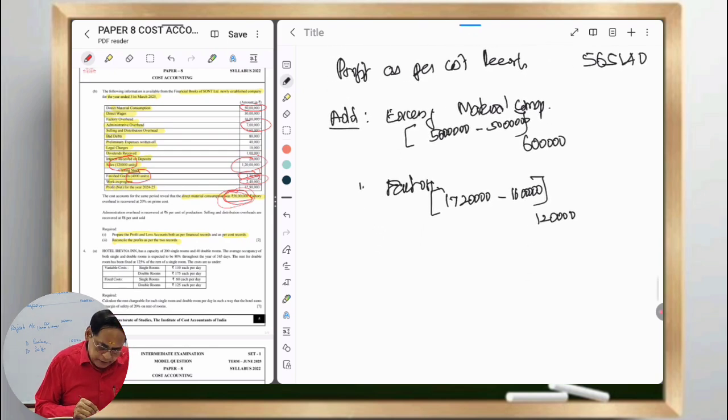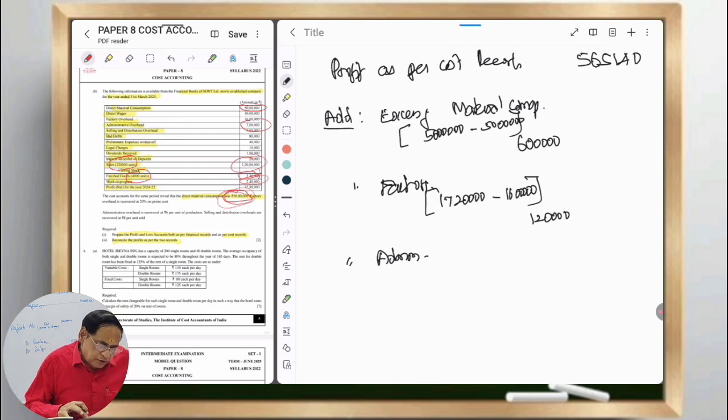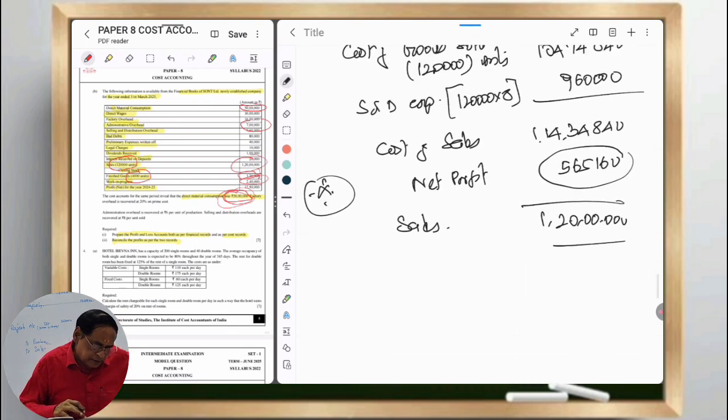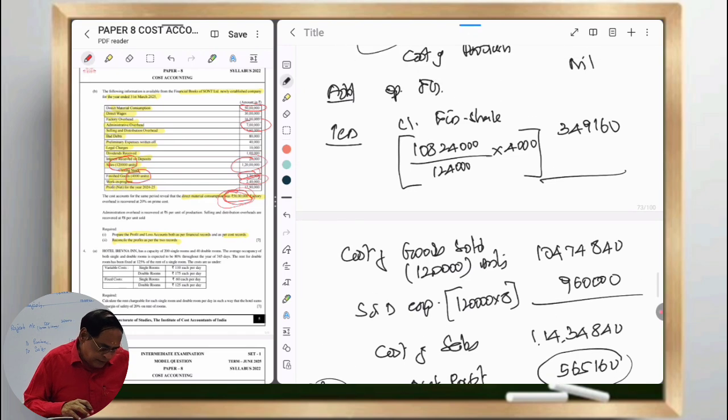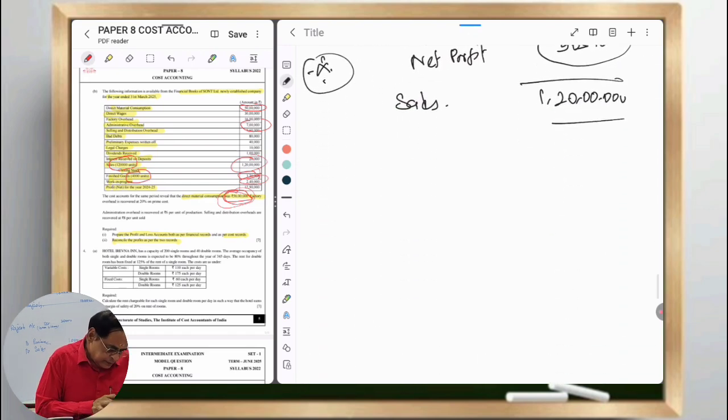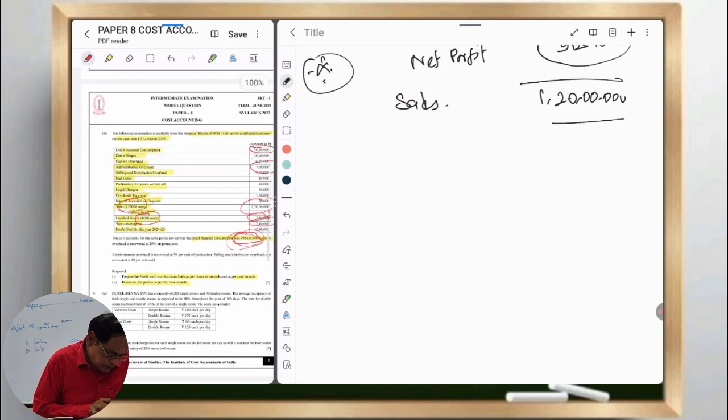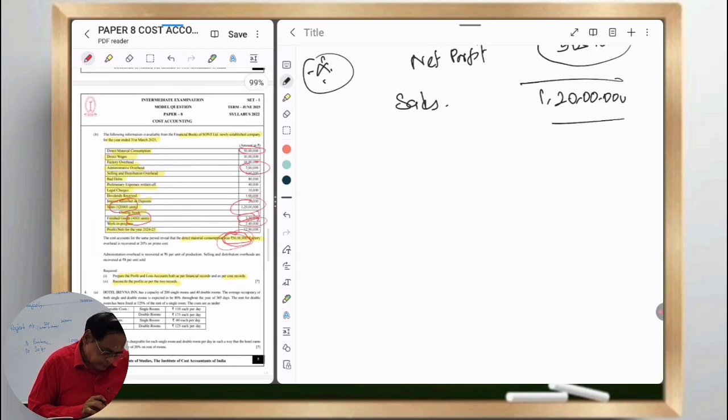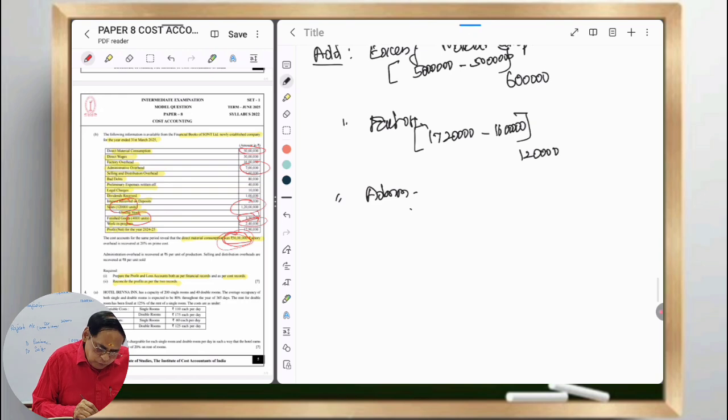And then administrative overheads are also in excess. Administrative is 7 lakhs in one, but here 7,44,000. So 7,44,000 minus 7 lakhs, that is 44,000.